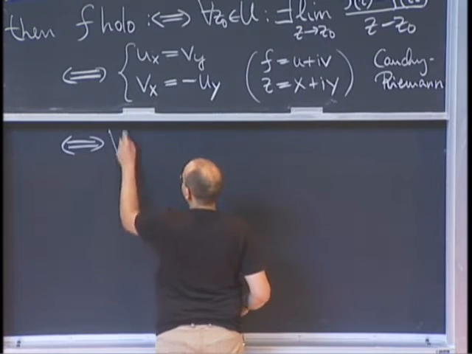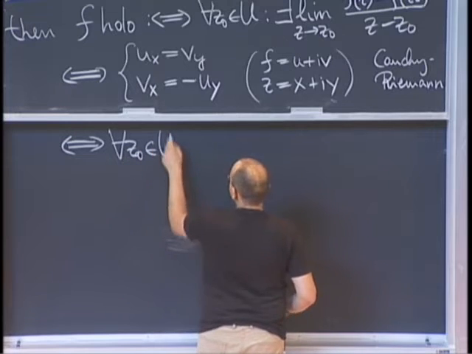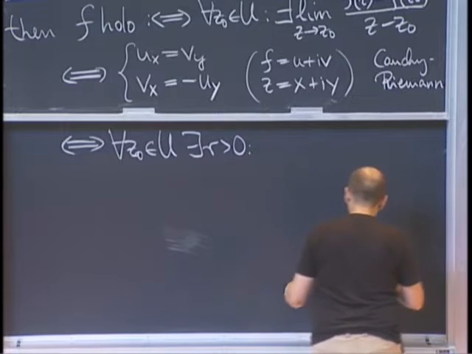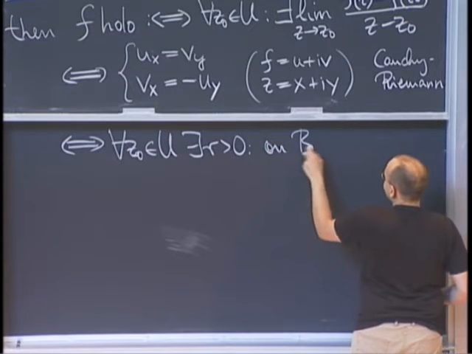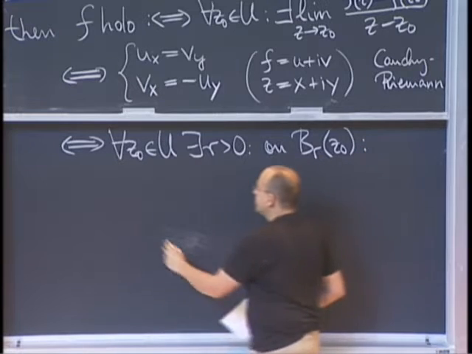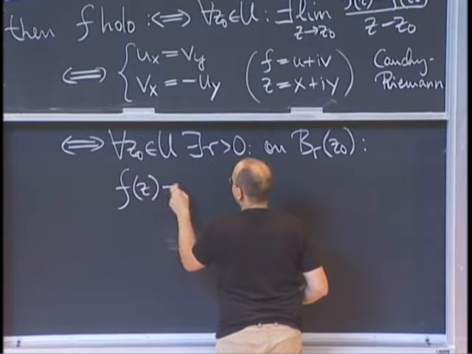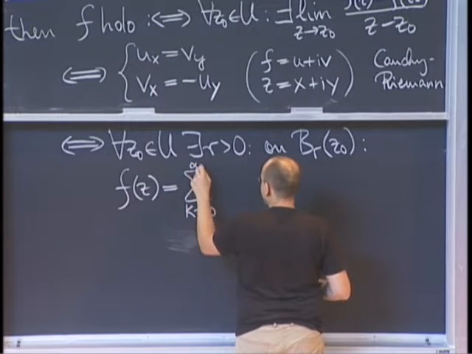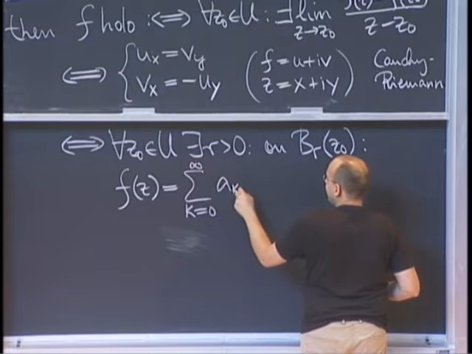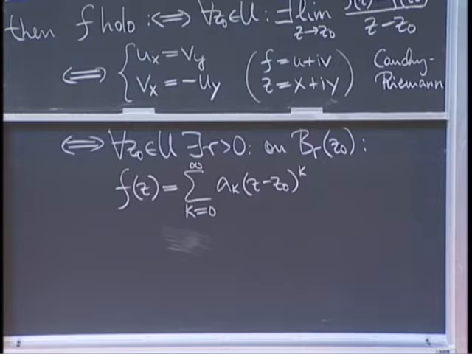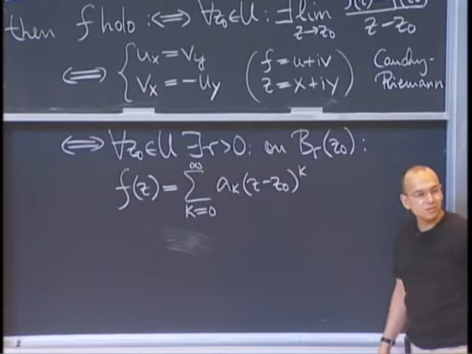So for all points z0 in the domain, there exists a radius r so that on the disk of radius r centered at z0, I have a power series expansion f(z) equals the sum of a_k (z minus z0) to the k, for a sequence of complex coefficients a_k that can be characterized in various ways.